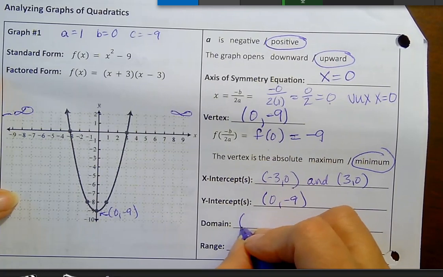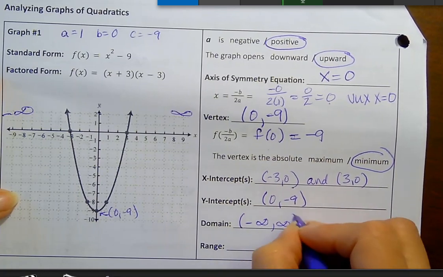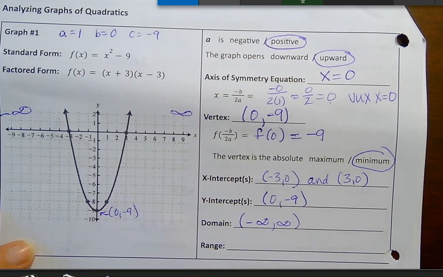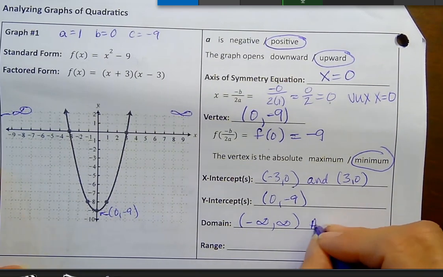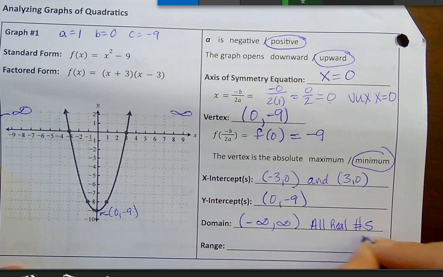So in interval notation, it goes from negative infinity to positive infinity. Remember, with interval notation we have to use parentheses, not brackets, because we can't actually reach infinity. Another way you could say your domain is all real numbers, x is a member of the real number system.